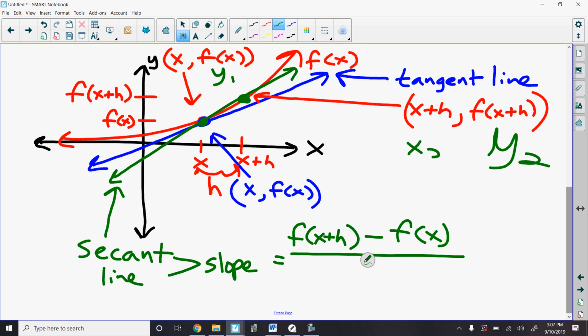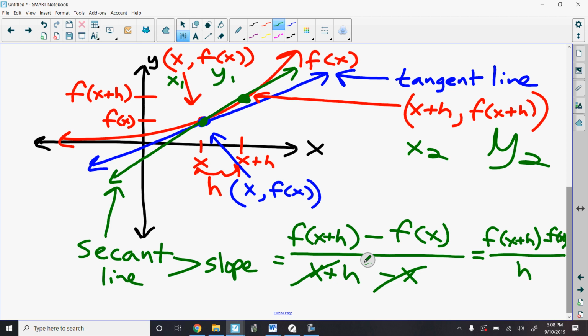Well, that'll be x plus h minus x. Now, to see how this simplifies, we can't simplify the top. But that bottom, I have an x plus h minus x. That x and that minus x are going to cancel. And I'm going to be left with f of x plus h minus f of x over h. And that is the slope of my secant line.